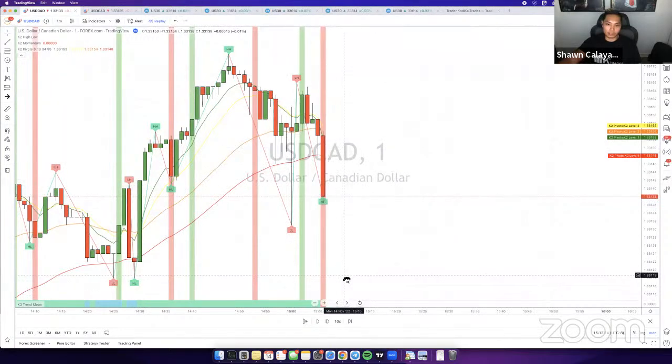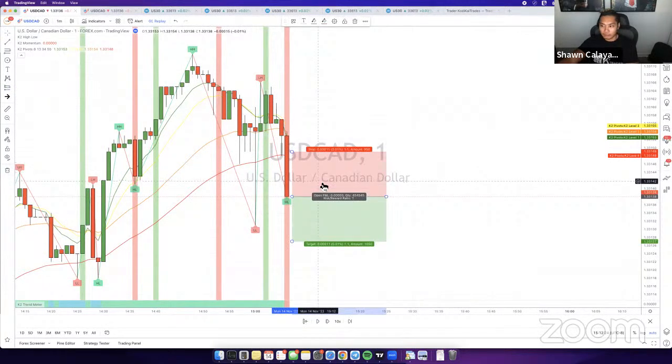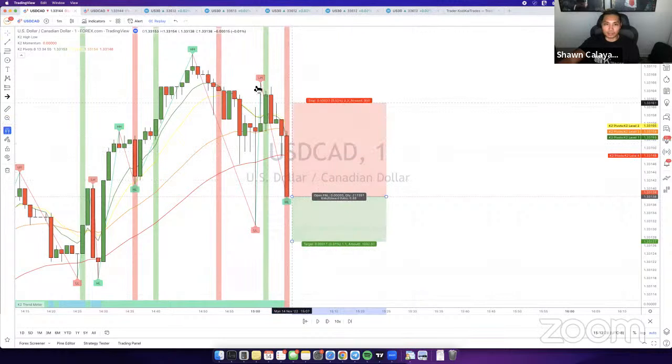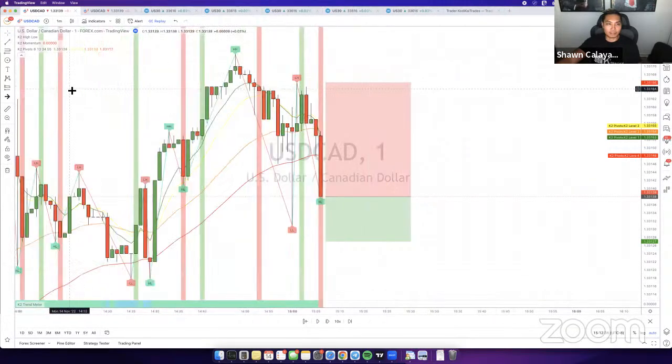The trend meter right here is red and the pivots are starting to angle down, but it's not enough for you to really confirm that it's in a downtrend. Let me just map this out real quick. So you can see the pips right here. It's almost impossible to take the trade, right? Because the pips right here are 2.8. My spread's 2. Where'd my spread go?